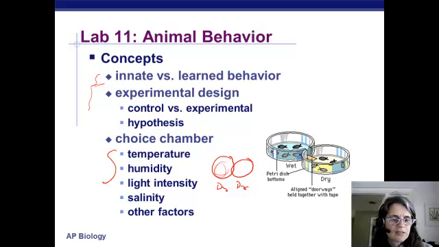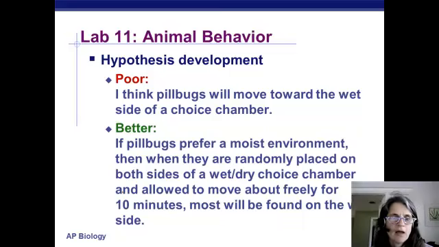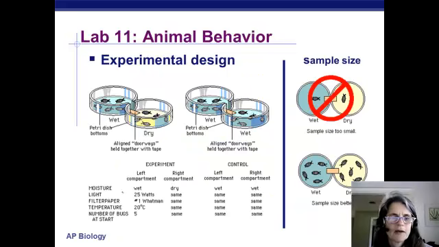The various things you could have tested as independent variables are here. Your dependent variable would, of course, have been the number of pill bugs in a chamber. I'm not going to worry about that, and we've already talked about all this.